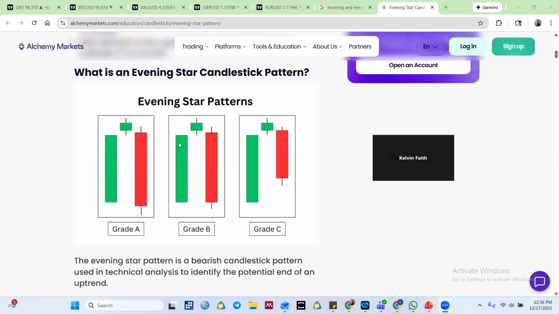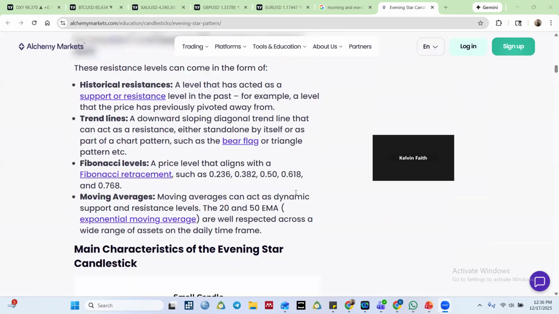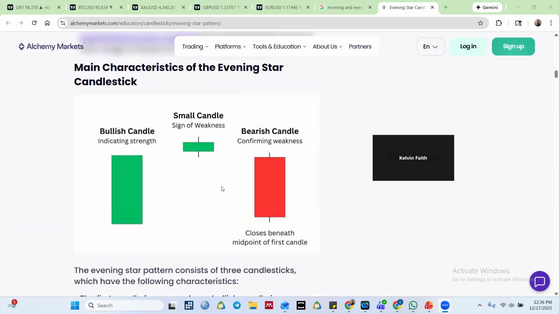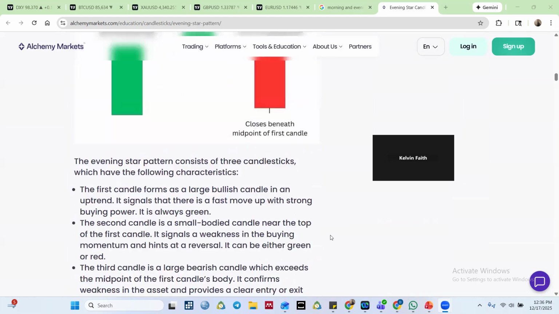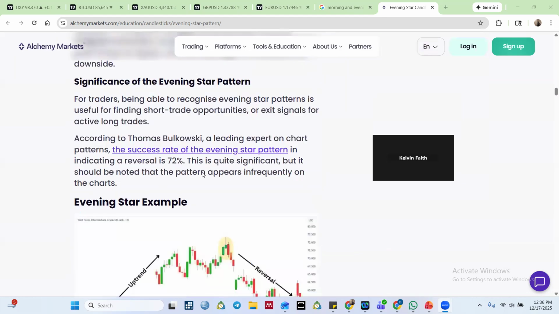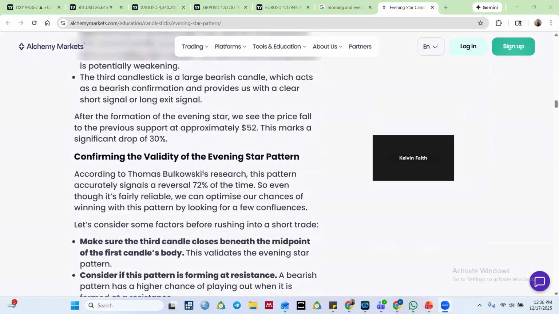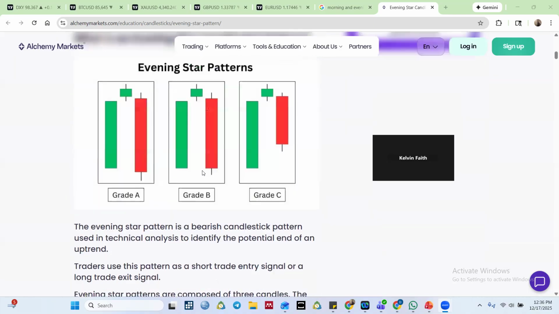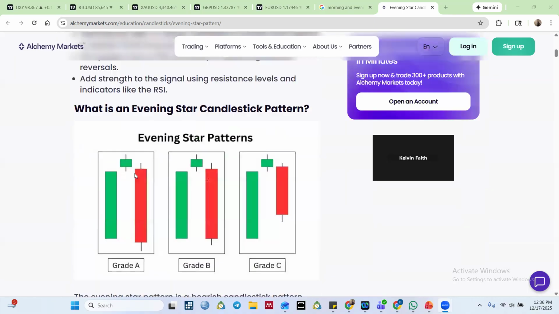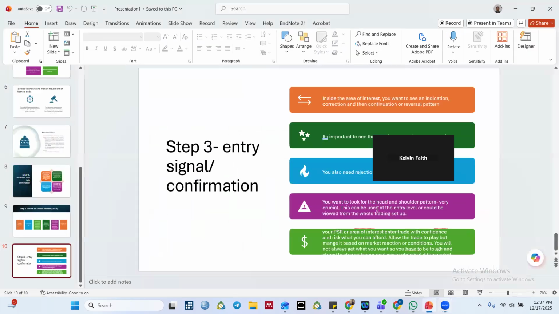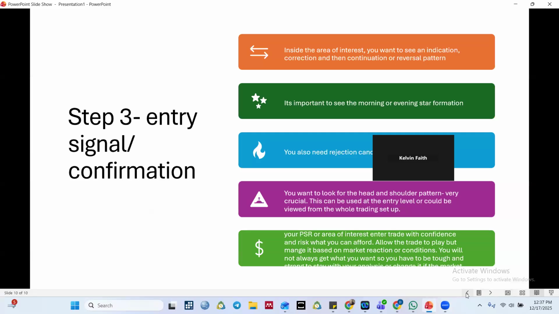So the morning star formation is going to give you a low, lower low, and then lower high. And then the bullish example that we are just seeing is going to give you a high, higher high, and lower high. Do you get that? So that is what I want you to put in your mind when we talk of morning star formation, evening star formation.